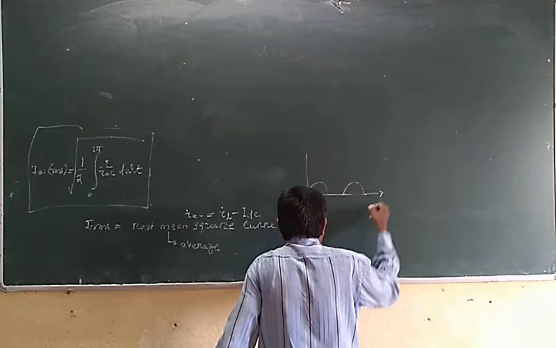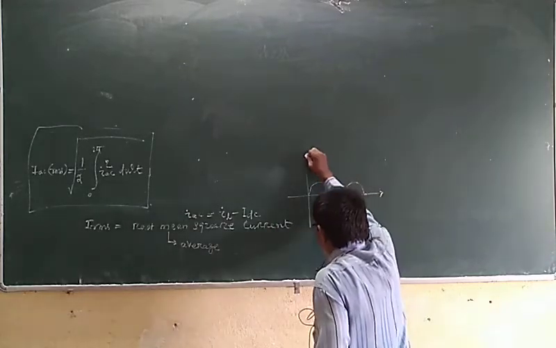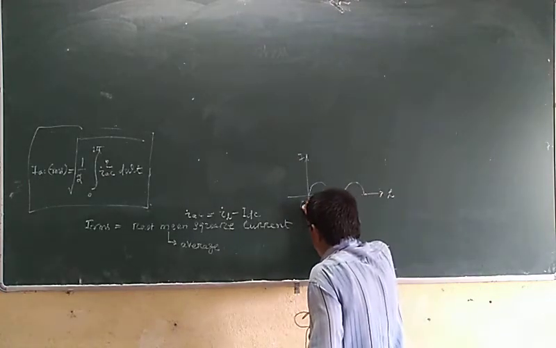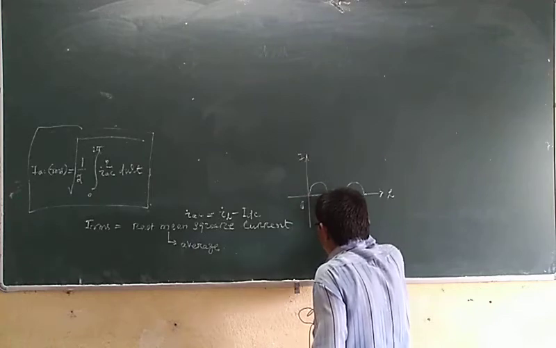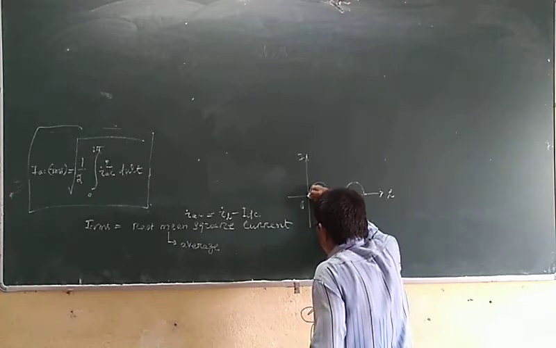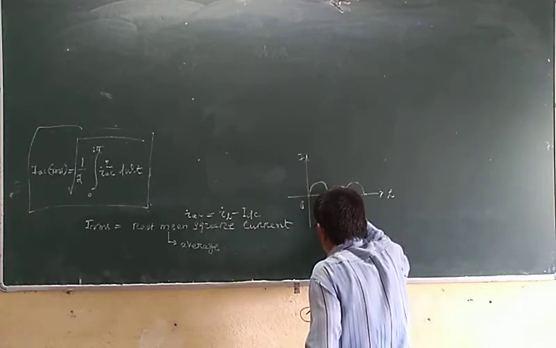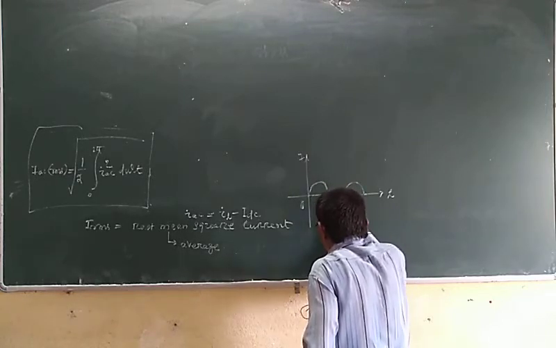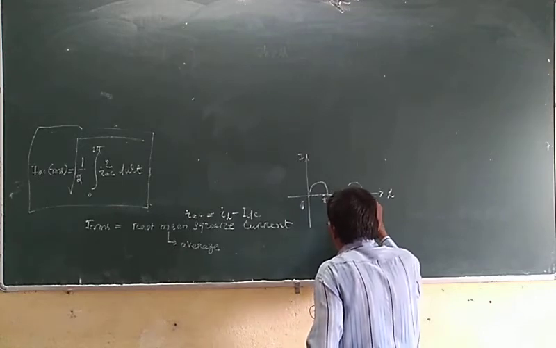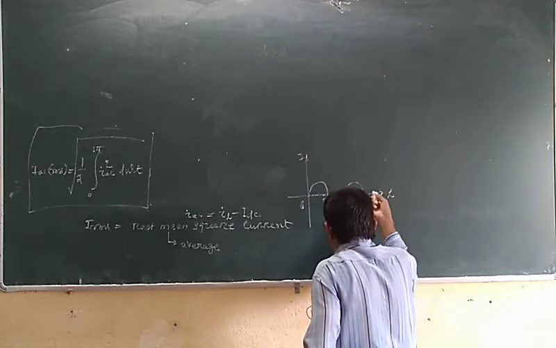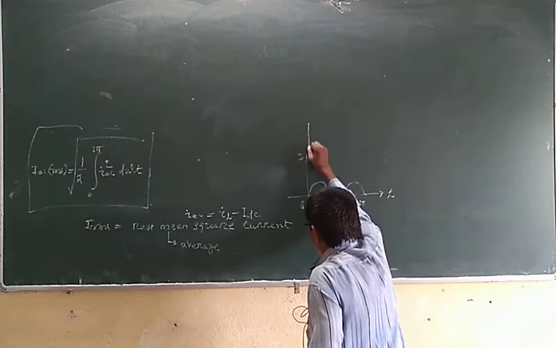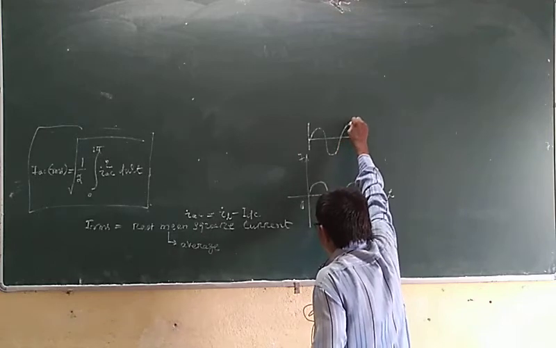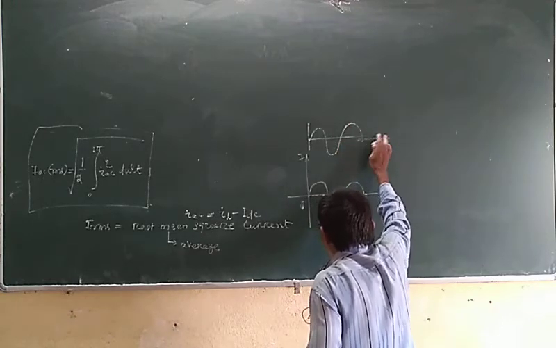So this is the output, this is the current axis, and this is the time axis, that is 0. This cycle starts at 0, then the complete cycle is covered at pi, then 2 pi, and this is 3 pi, and so on. Now compare with the input signal.